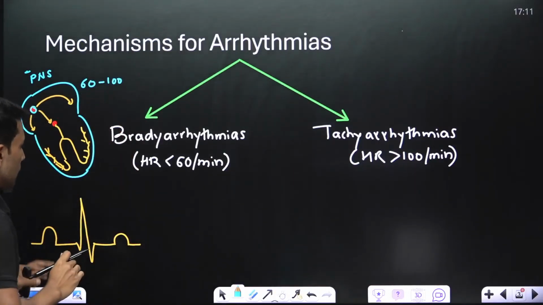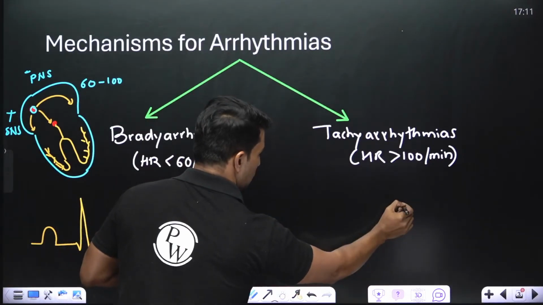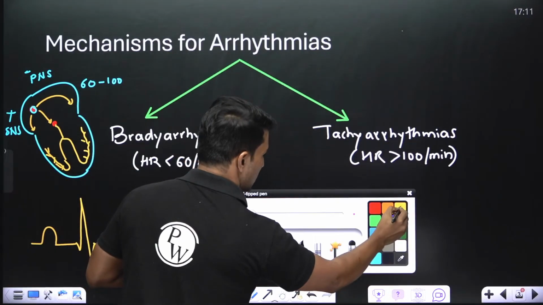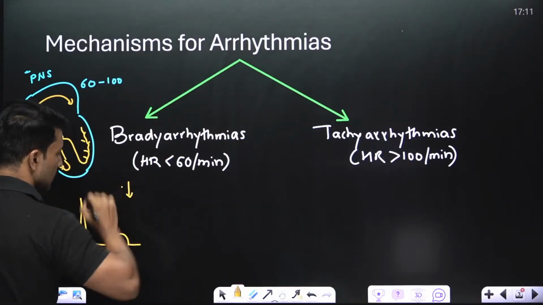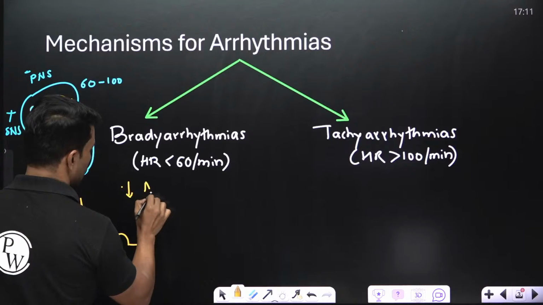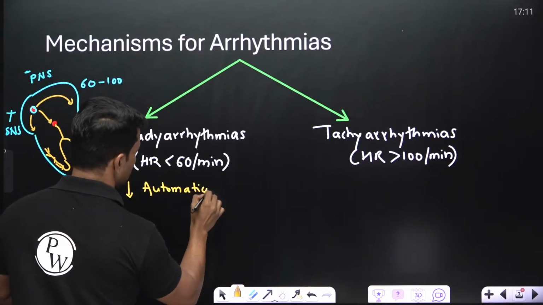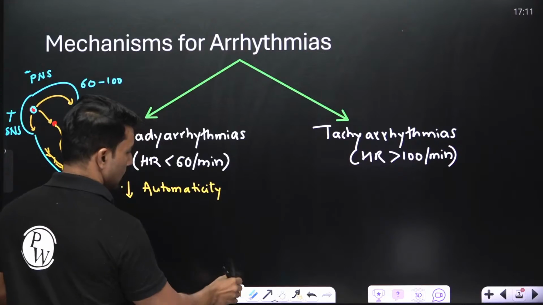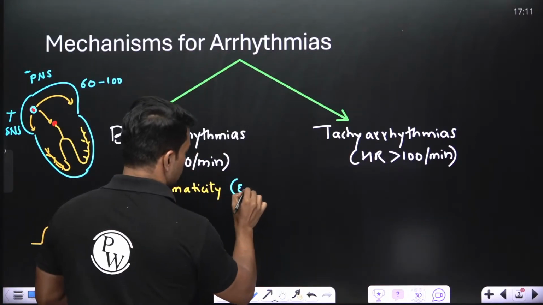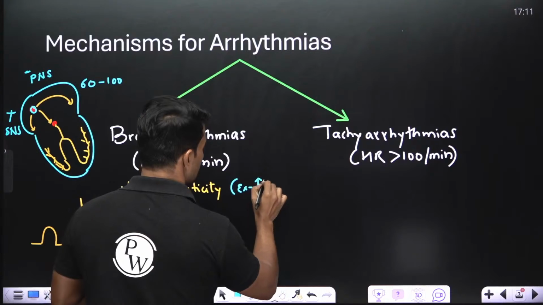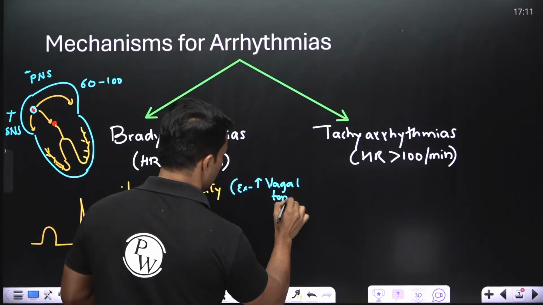Now, in sinus bradycardia, what is happening? There is decreased automaticity, right? So that is one of the mechanisms for bradyarrhythmia: decreased automaticity. Examples we can say: increased vagal tone.